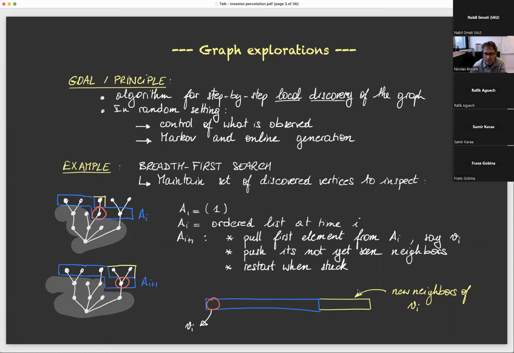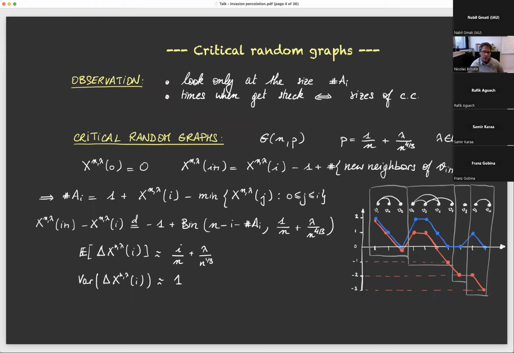Yes, thank you. Okay, so this very, very simple algorithm has been used by Aldous to solve what was a long-standing open problem for some time: to find the distribution of the sizes of the connected components of the classical random graph in the critical window.